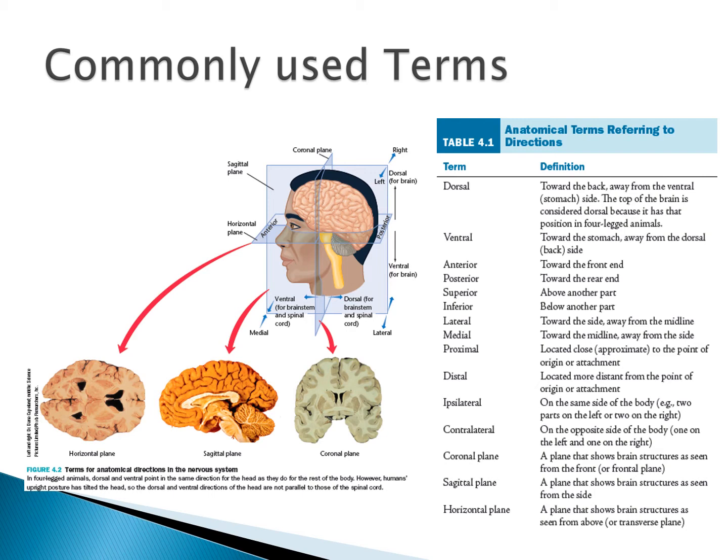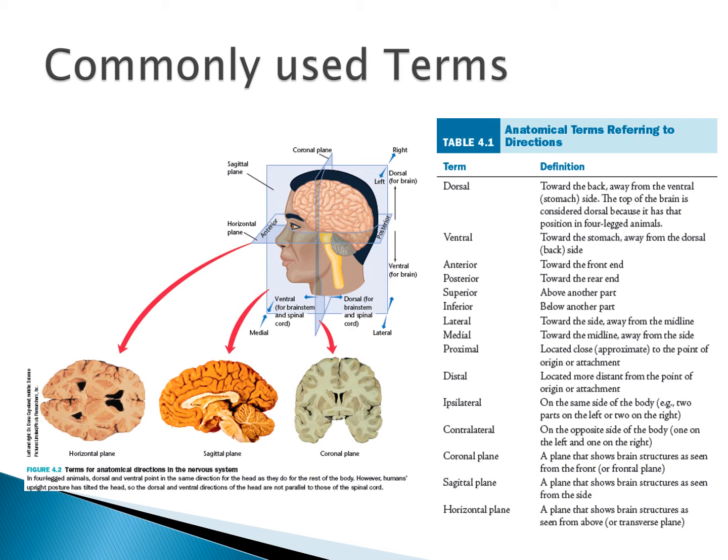But I point up because since we are bipedal, the dorsal area is towards our back, but it's also towards the top of the head. And when ventral, I have my hands and I point down next to my head because it is towards the stomach. And again, for most animals, it's just towards the stomach. But for us, because we're bipedal, it's towards the bottom of the brain.